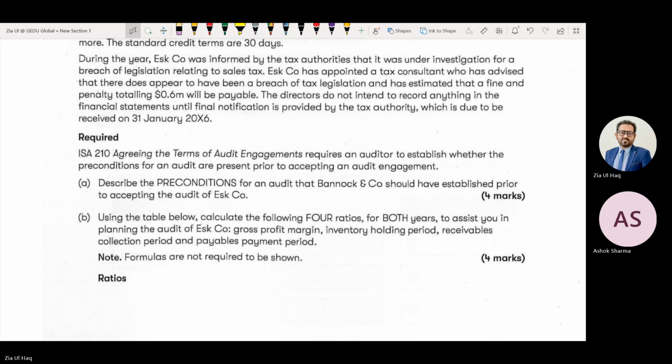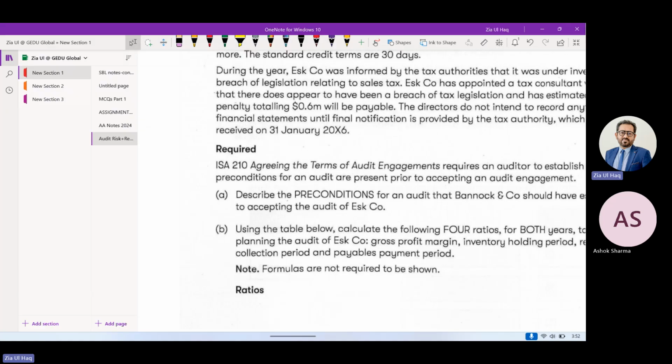Chapter 2 or 3. Engagement letter, where we have studied engagement letter. We haven't studied engagement letter? How come?